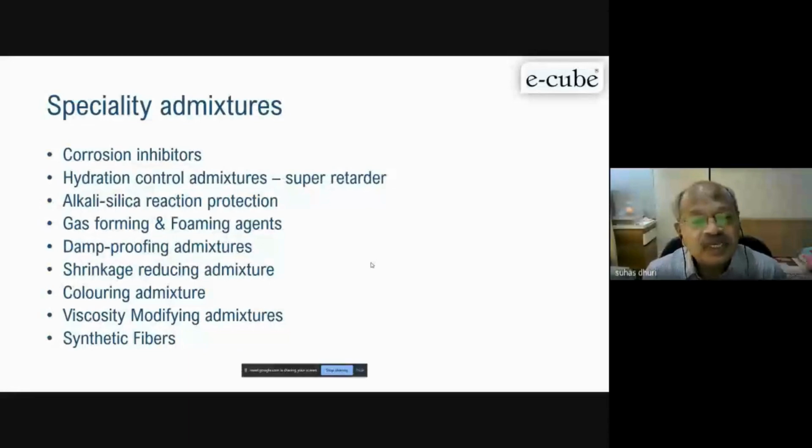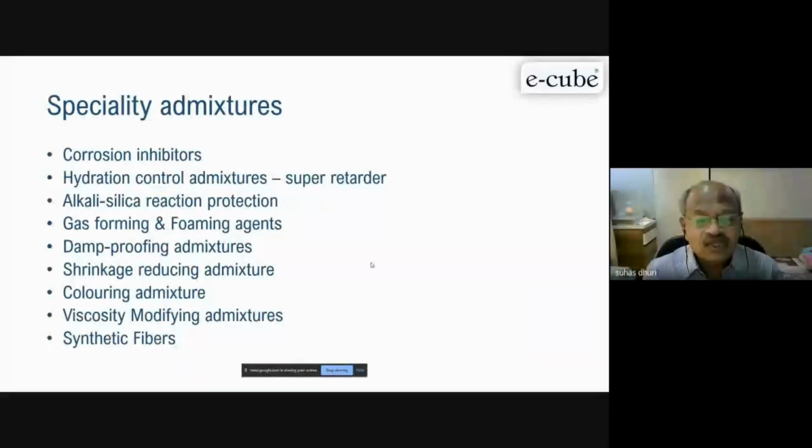We can use colors as an admixture because those percentages vary, 2 to 3%, 4%, sometimes 0.5%. So you get beautiful colored concrete. That is also possible only with admixtures. You can make concrete with white cement and get whatever color you want. But those colors should be stable in UV. So that one has to check again.